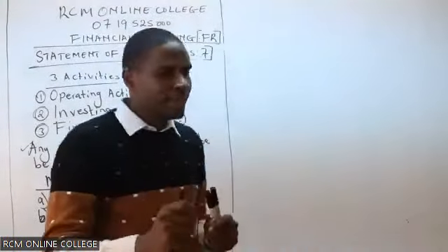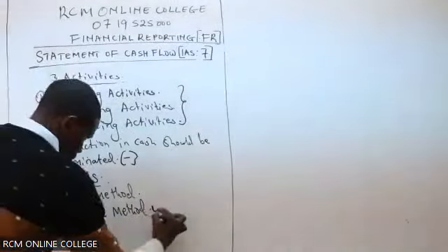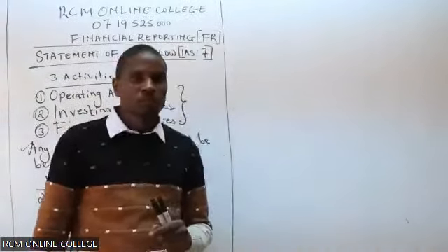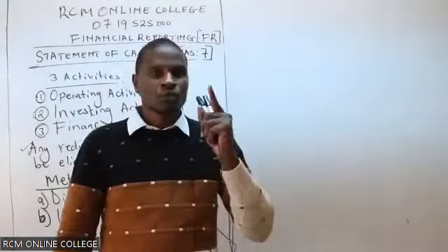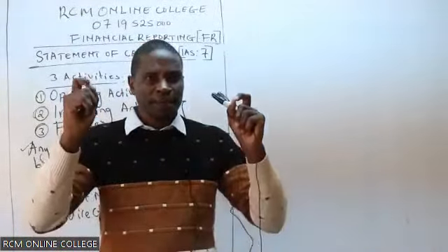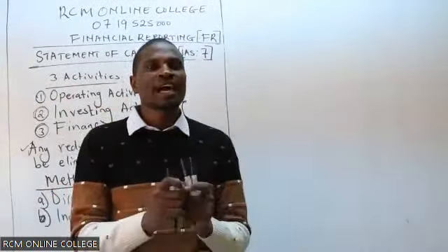So today, I want us to go to the indirect method. Mark you, for you to understand the indirect method, first of all, identify whether you are having profit before tax.